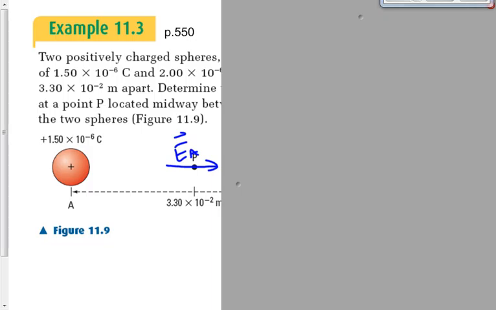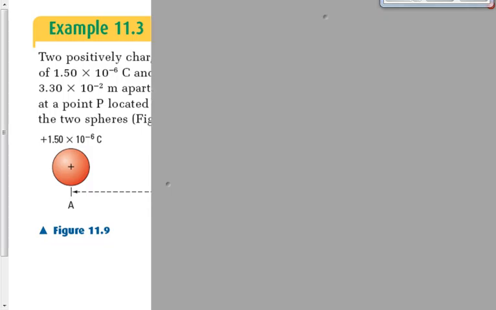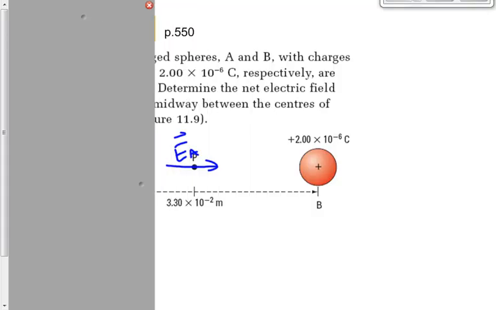Now, at point P, there's also going to be a field caused by B. But B is positive as well, and we know that the electric field always points away from positive producers. If B was negative, then the other field would point towards it, right? Towards the negative producer. But it isn't.